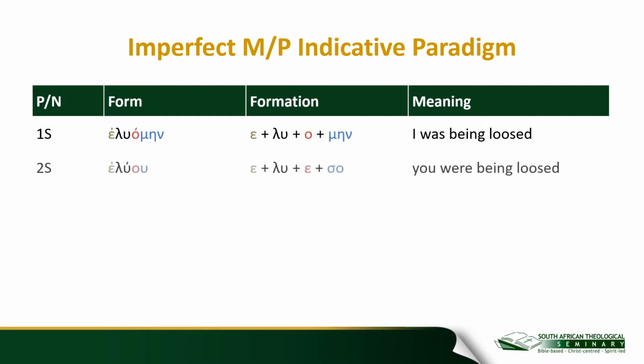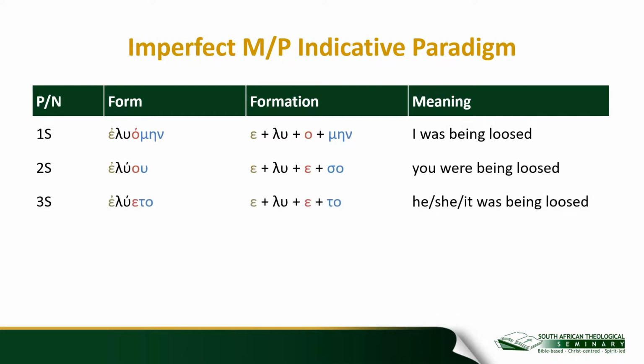The two singular is eliu. It is formed from the augment epsilon plus the present tense stem li plus the connecting vowel epsilon plus the personal ending so. The intervocalic sigma drops out and epsilon omicron contract to form u. This gives us the rather unusual ending u. So eliu, you were being loosed.